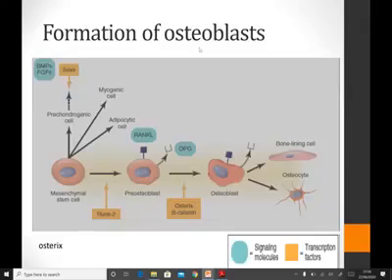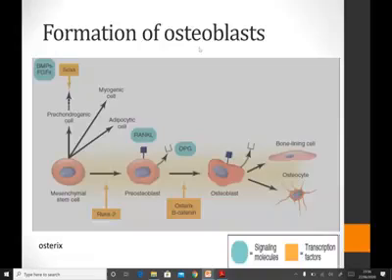This figure here briefly summarizes the formation of an osteoblastic cell. As I have mentioned, the formation of an osteoblastic cell is a signal transduction pathway that involves many growth factors, cytokines, and hormones. And we know that the osteoblasts are coming from the mesenchymal cells.